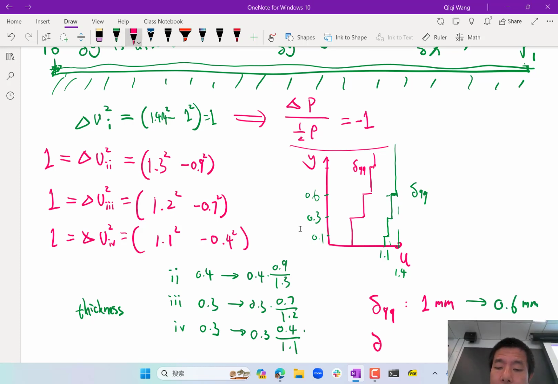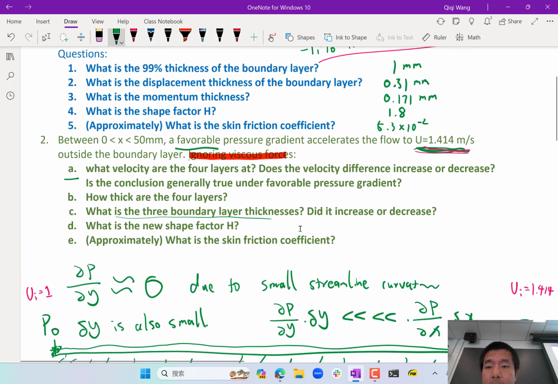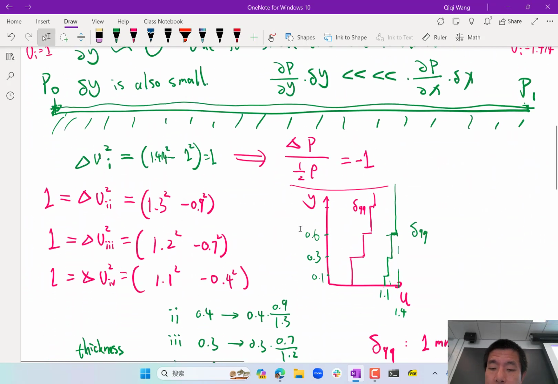Okay, how about delta star? Delta star initially is about 0.31. Now it is this green region, and this green region we can count. This area is 0.1 times 0.3, this area is 0.2 times 0.2, and finally this area is 0.1 times 0.3.